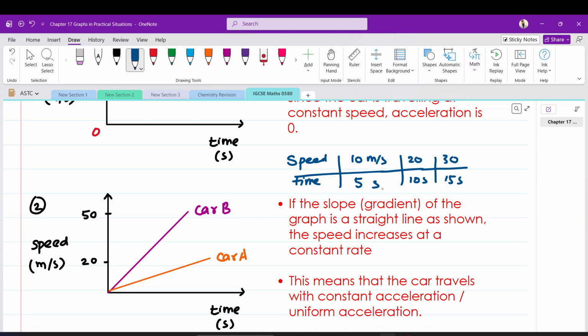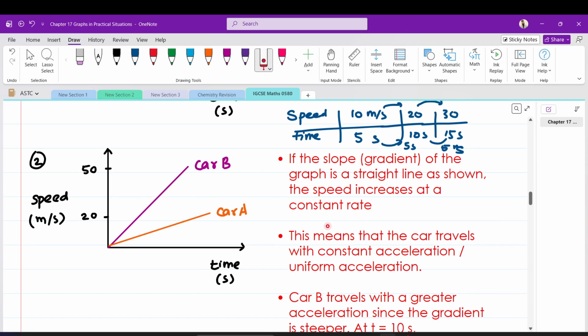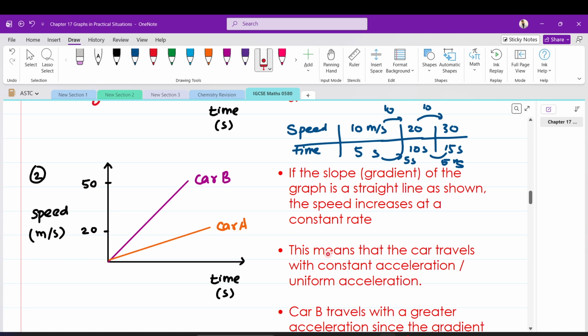So every single time your time is increasing by 5 seconds, the speed is increasing by 10. This is what we mean by increasing at a constant rate. Whenever your speed is increasing at a constant rate, we say that the acceleration is constant. This is also called uniform acceleration.